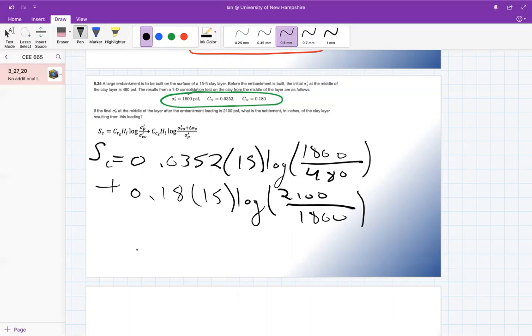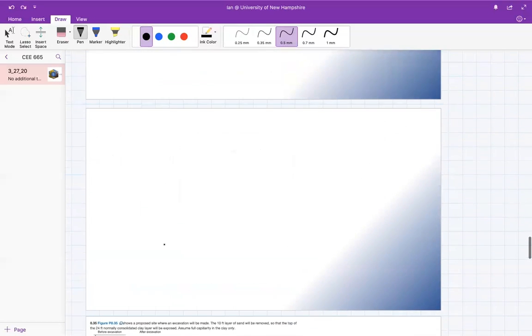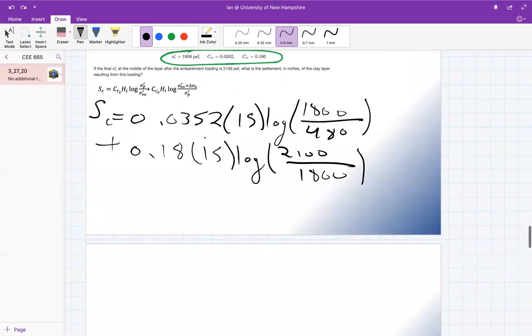So once we do the math up here, which we were given everything in this problem, I'm just plugging and chugging. Here, this is the recompression index, and this is the consolidation index. And for over-consolidated clay, this is what we're always going to use.